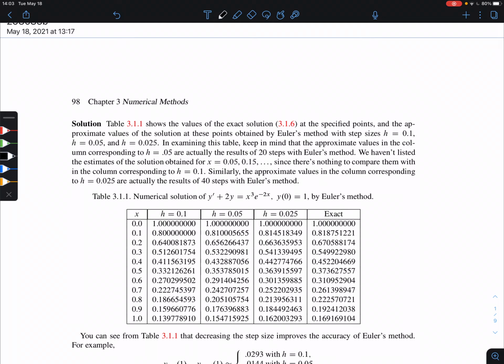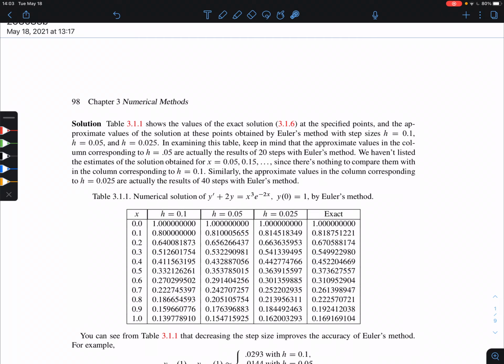So the very last number, 0.1547 in the column 0.05, let me see, I jumped a little bit. So in this column, remember, these are the y values when the h is given by that. But which one is this? Is this y1? No, because 0.1 would require me 2 steps.